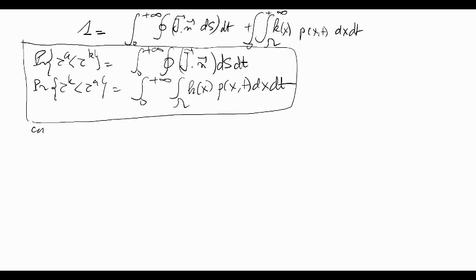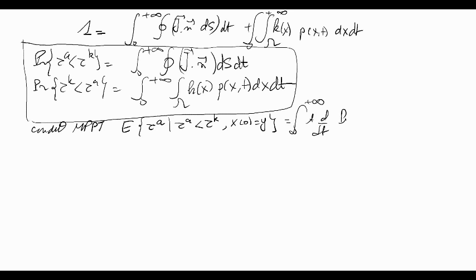So the conditional mean first passage time is: what is the time, let's say, to escape at A, conditioned that indeed you escape alive and you started, let's say, at position y. How to calculate this? So the mean first passage time by definition is the integration from 0 to infinity of d/dt of the probability of tau_A less than t, conditioned that tau_A is less than tau_k, and the particle started at y.